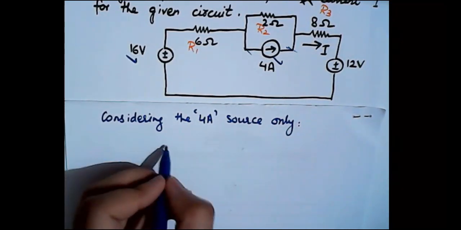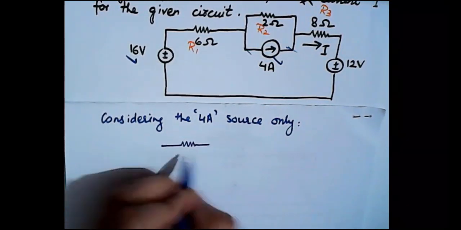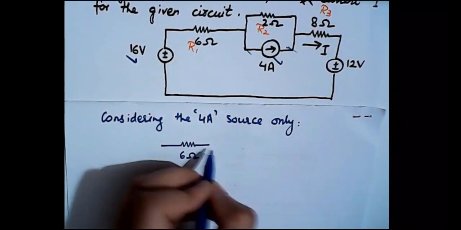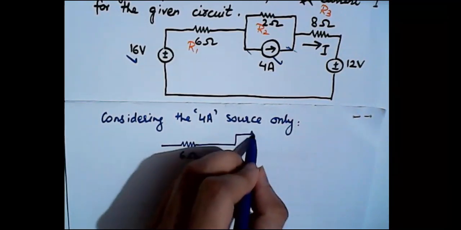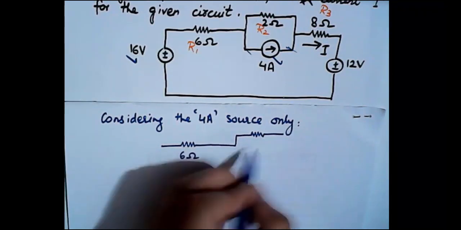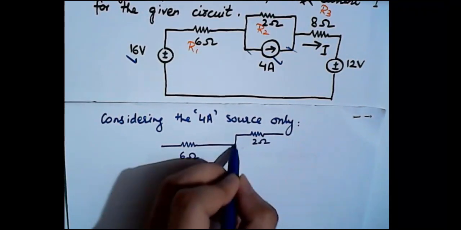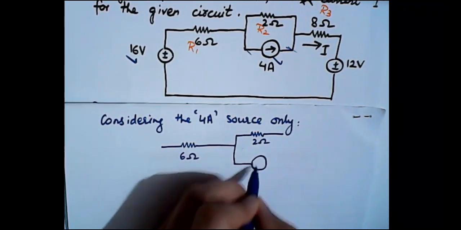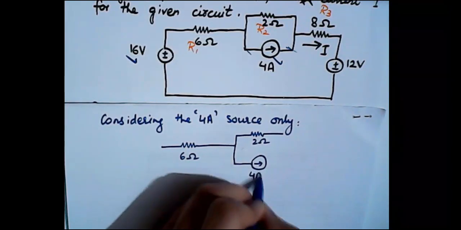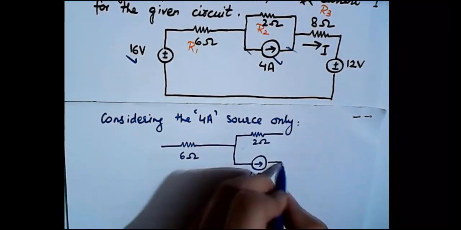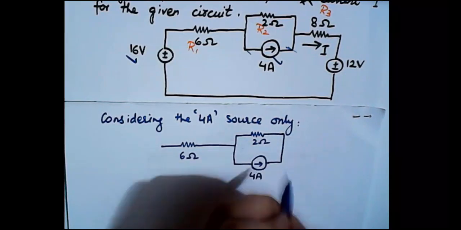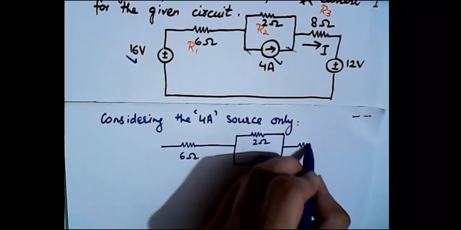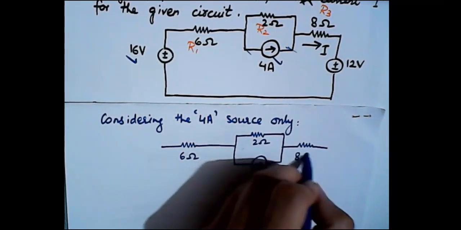So let's redraw the circuit. 6 ohms, this is, and this is how much? 2 ohms. Four amperes. Eight ohms.